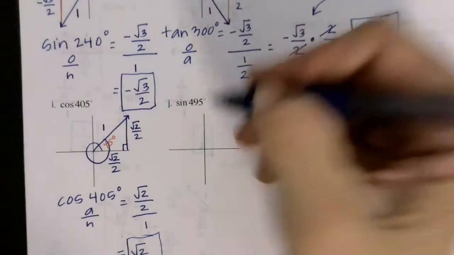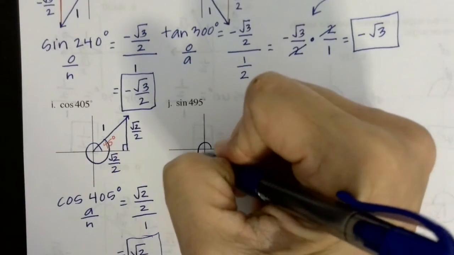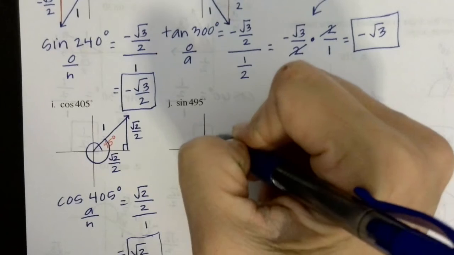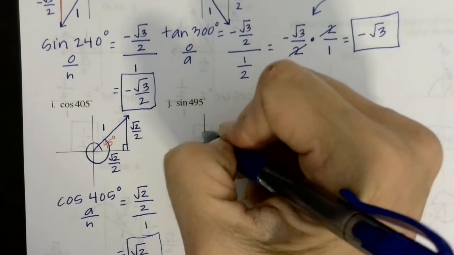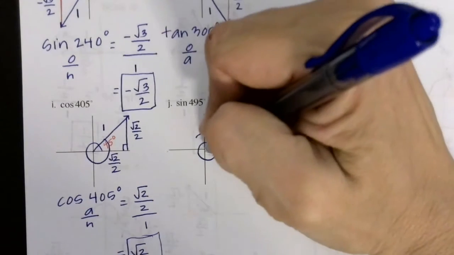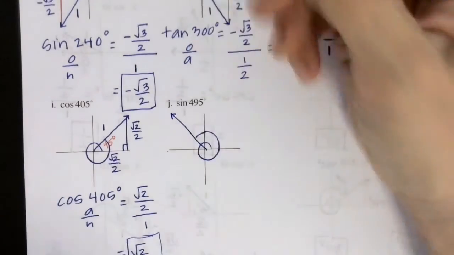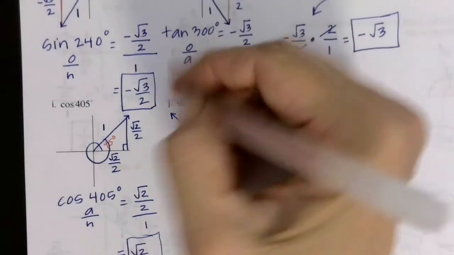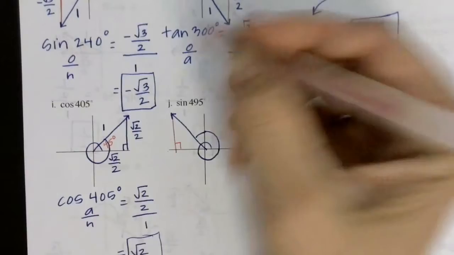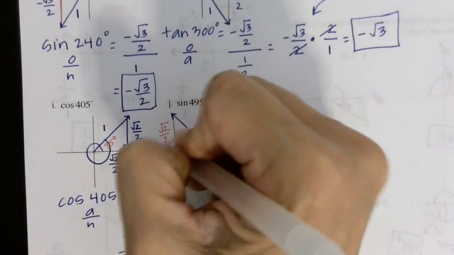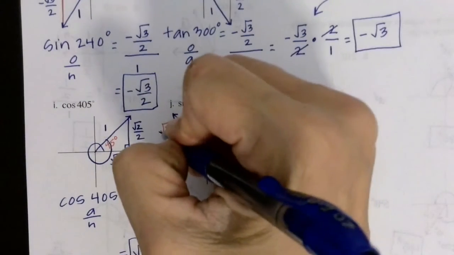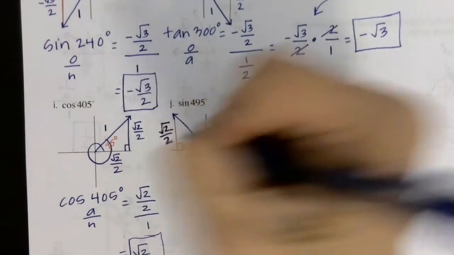Alright, sine of 495, 360, okay, 36, 45. This right here would be 54, so this is where 495 is. We drop it down to the x-axis. This is root 2 over 2. Let's get that in the appropriate color pen.